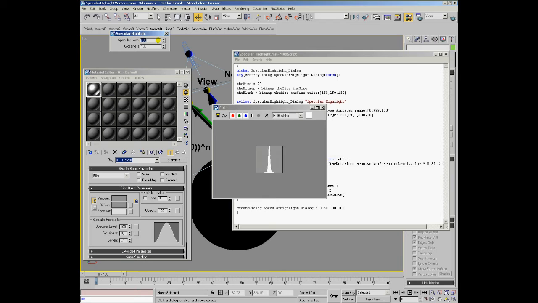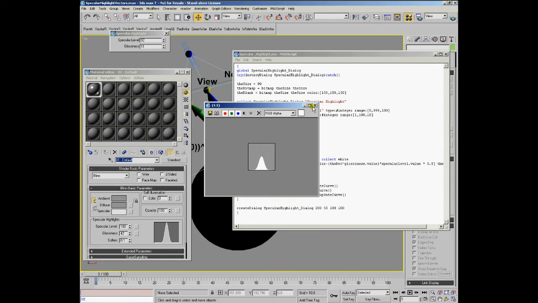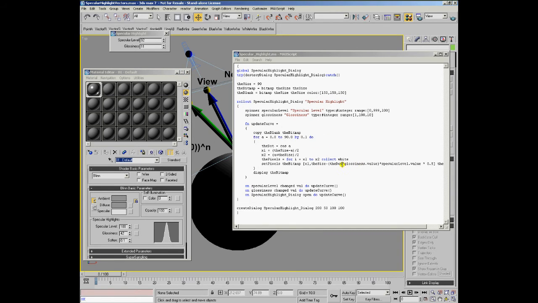We can increase the specular level or reduce it and play with the values, getting very similar results to the ones that we're getting in the material editor when changing those values. Now that we know that our implementation of the Blinn specular highlight model is doing what we expect it to do, we can go back to our renderer and implement this model in a function there.